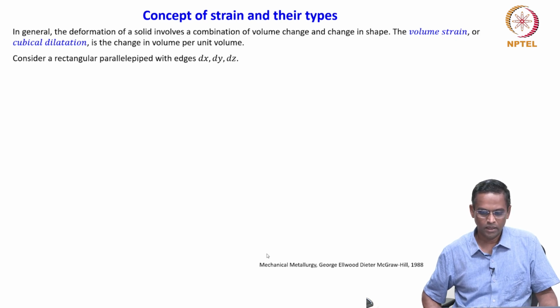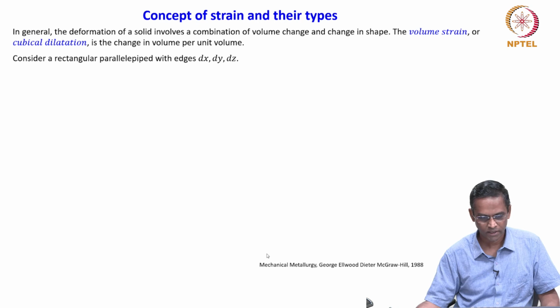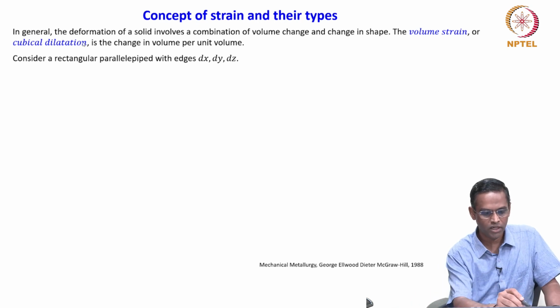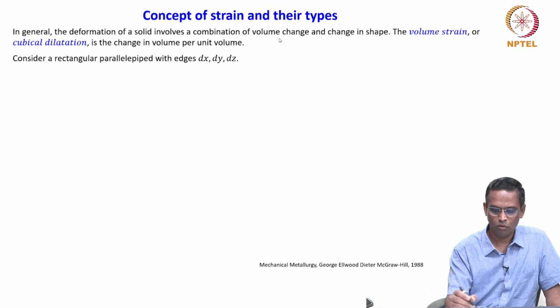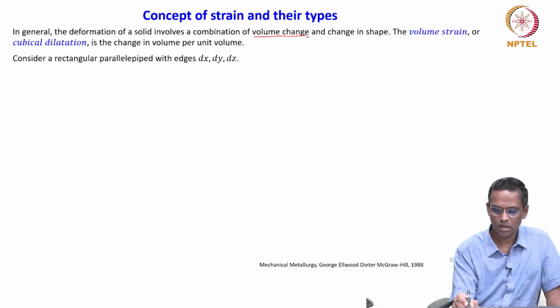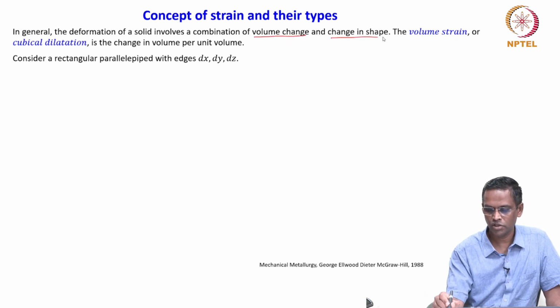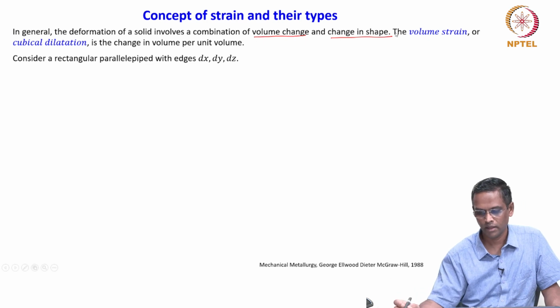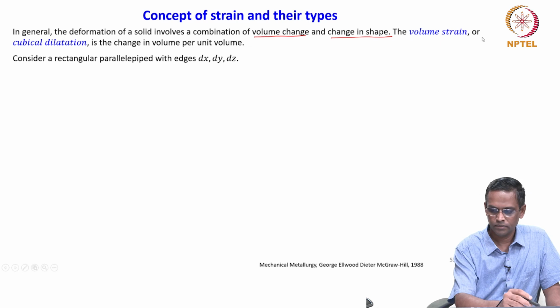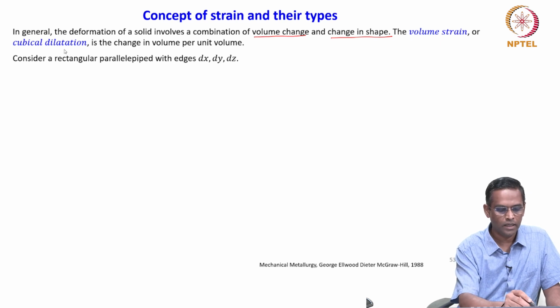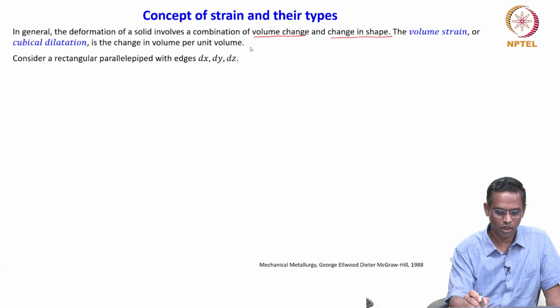So, here comes another important aspect. In general, the deformation of a solid involves a combination of volume change and change in shape. The volume strain or the cubical dilatation is the change in volume per unit volume.